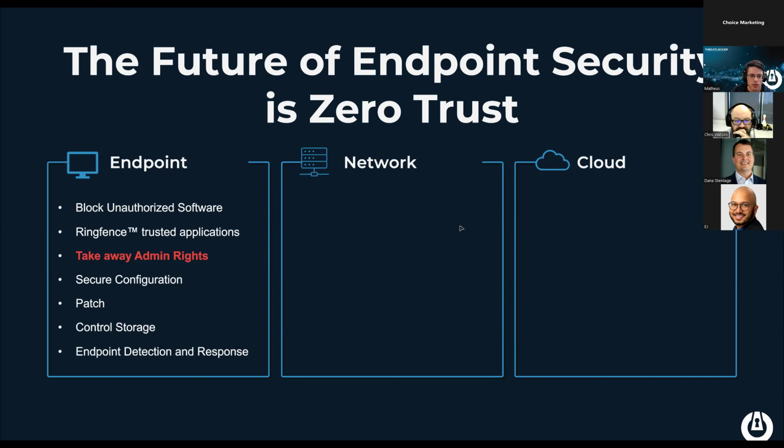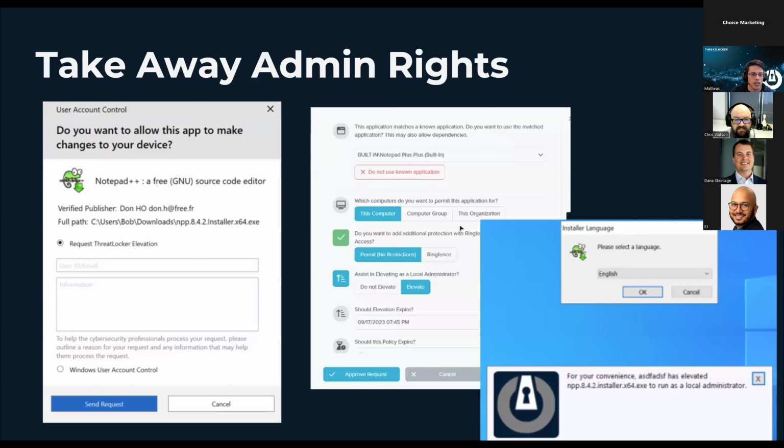And that's what elevation control is all about: you take away admin rights, but then you can also give the ability for the user to request access when they need that elevation. So if they need to run an application like Notepad++, for example, as an admin user, well, they should be able to request that and you should be able to give it to them, but just for that application. You don't need to give them a local admin account where they can go to another application and run that as an admin as well.